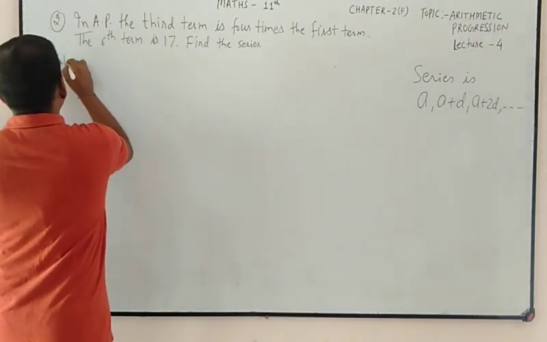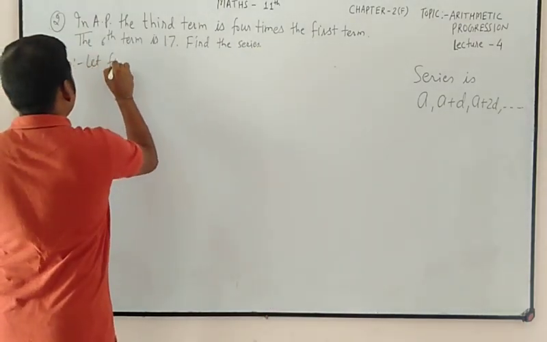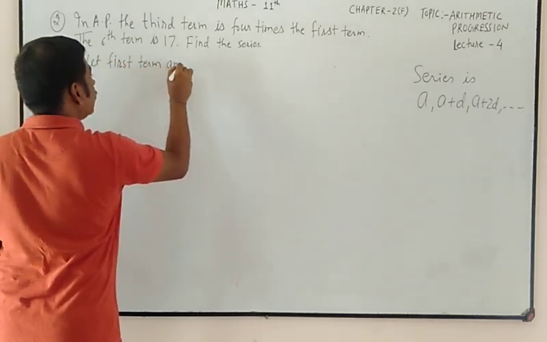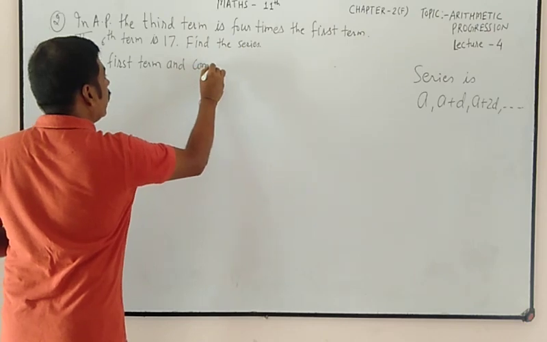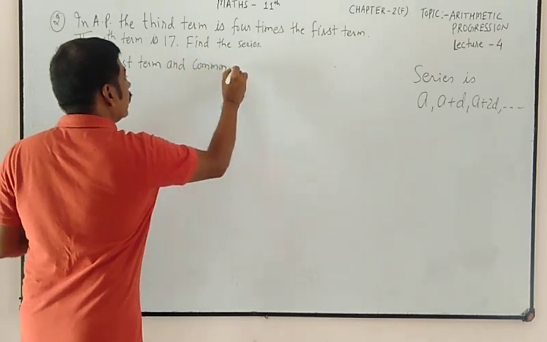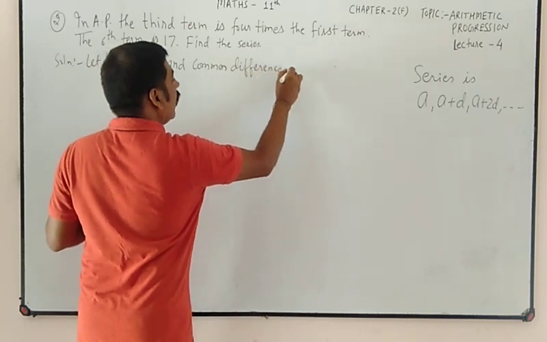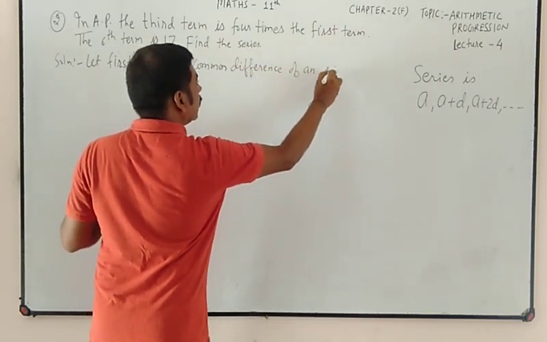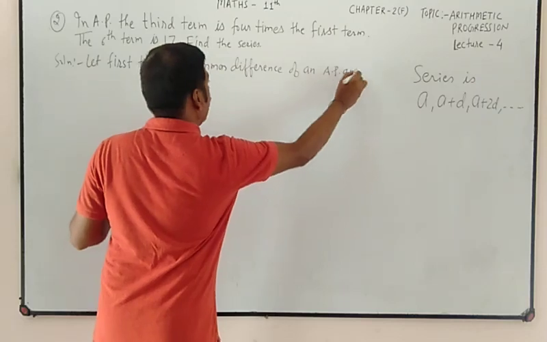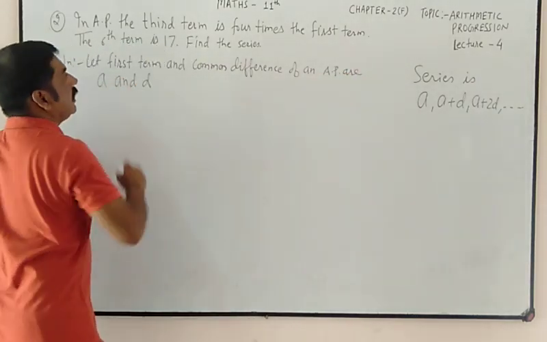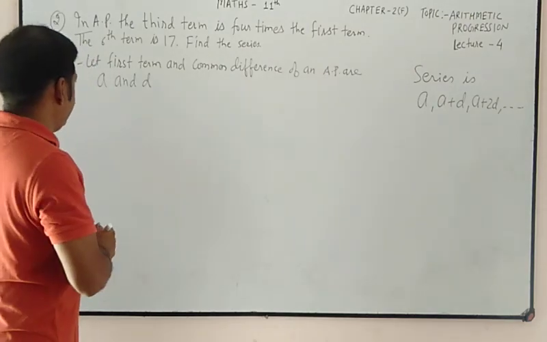So let the first term and common difference of an AP be a and d. Clear?